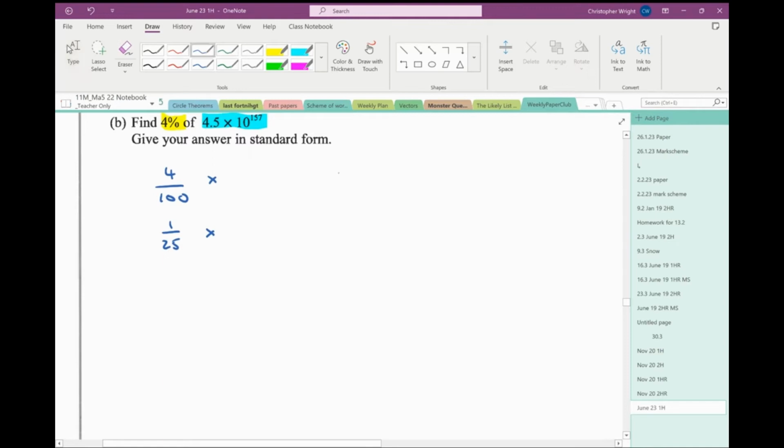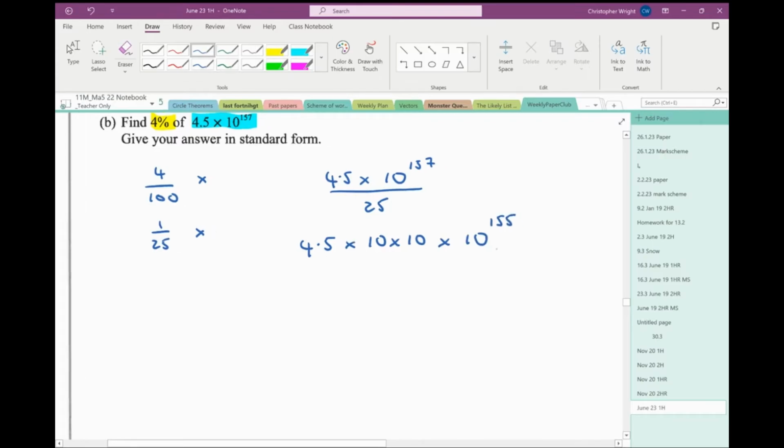So I've got to do 4.5 times 10 to the power of 157 divided by 25. It's a shame that there isn't a 100 here. I could just divide 25 into it, but of course there is, because I could write that as 4.5 times 10 times 10 times 10 to the power of 155 all over 25.